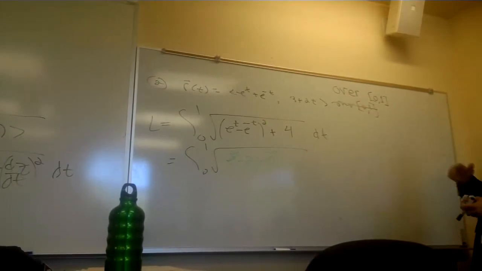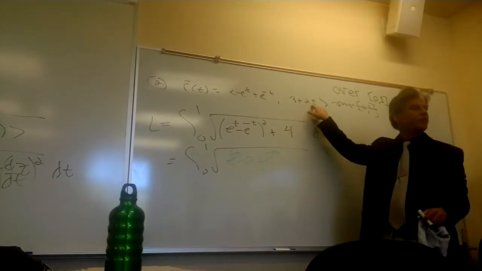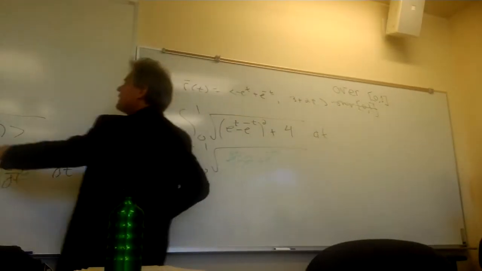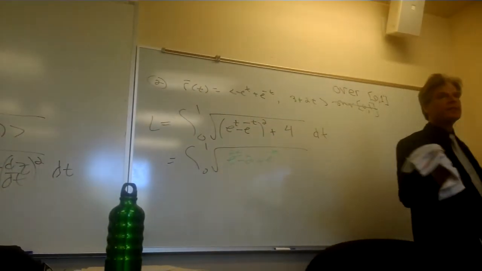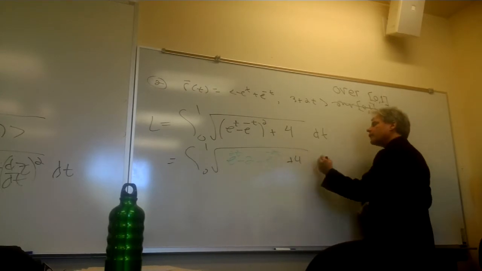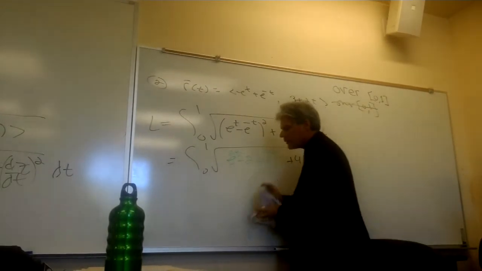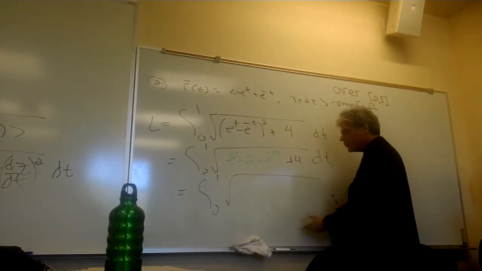Did I forget anything? Where did the 4 come from? I differentiated this, got a 2, and squared it. It was really my dy dt squared. Come on, you guys, are you happy with this? Oh, I forgot the plus 4 in black. However, if I now combine my terms in radicand's position, doesn't that give me this, from 0 to 1 in blue?